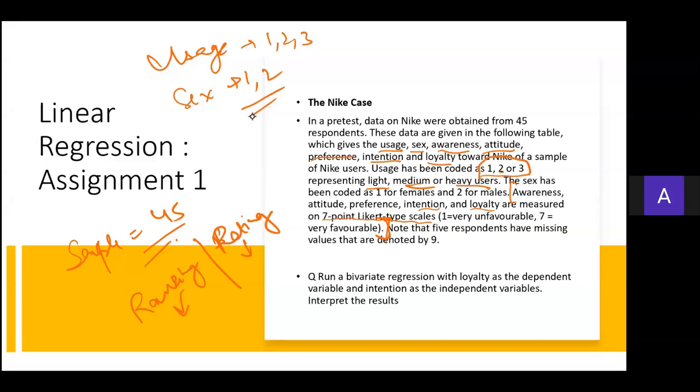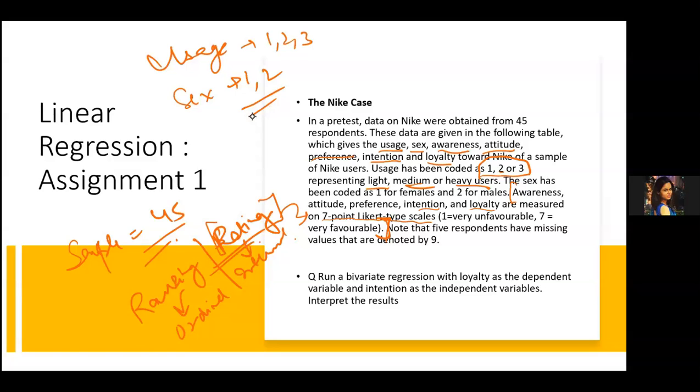Ranking is ordinal, rating is interval. Yes. This is ordinal, this is interval, and Likert scale is a rating scale, isn't it? Did you forget? Likert scale is a rating scale. We discussed this, no? When we discussed scales and measurement.